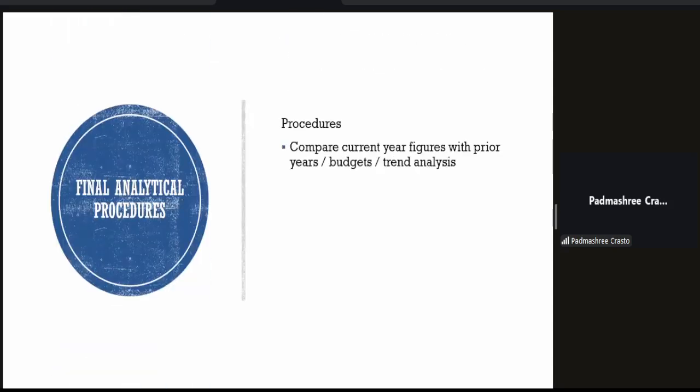The procedures compare current year figures with prior years, budgets, trend analysis as usual, right? Analyze key ratios and compare over years. So important ratios, we also give disclosure of various ratios as per the Companies Act now. So the important ratios are already there. Additionally, if you have any typical ratios that are associated with the company, you can always put into practice saying that I need the 3 years trend.